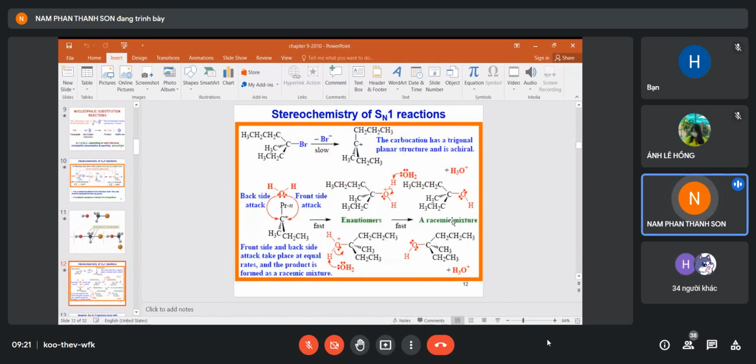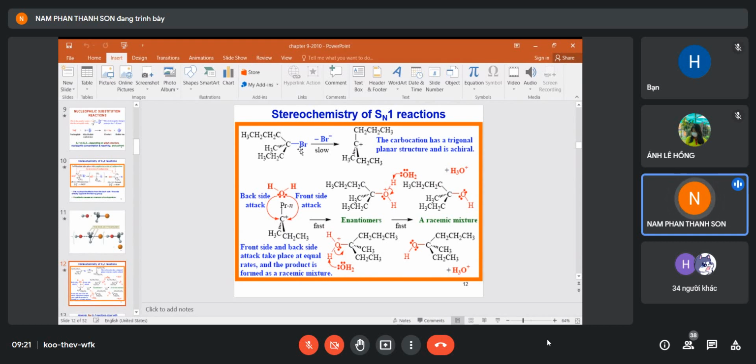The second case is SN1. SN1 is the abbreviation of unimolecular nucleophilic substitution reaction. Uni means one, so unimolecular means one molecule. For example, look at the tertiary alkyl bromide.